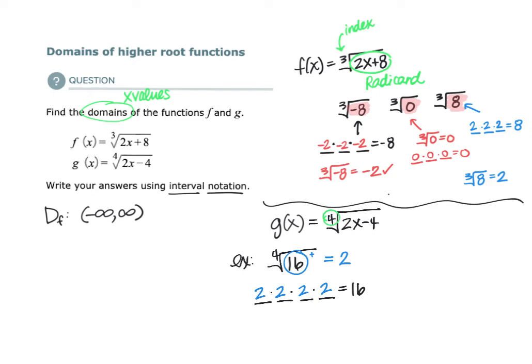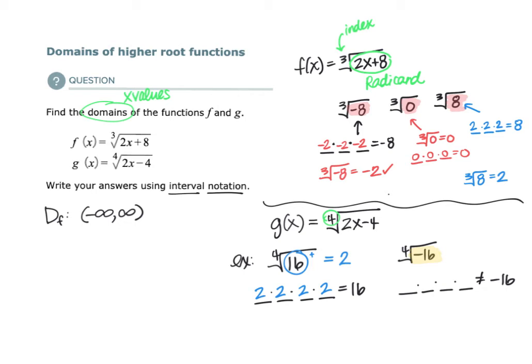However, notice what happens if we're trying to take the fourth root of negative 16. Is there a number that we can multiply by itself 4 times that will give us negative 16? And in this case, there isn't a value, there's no real number that will make this work. So this tells us that we cannot take the fourth root of a negative number. And in fact, that is going to be true for any even index.